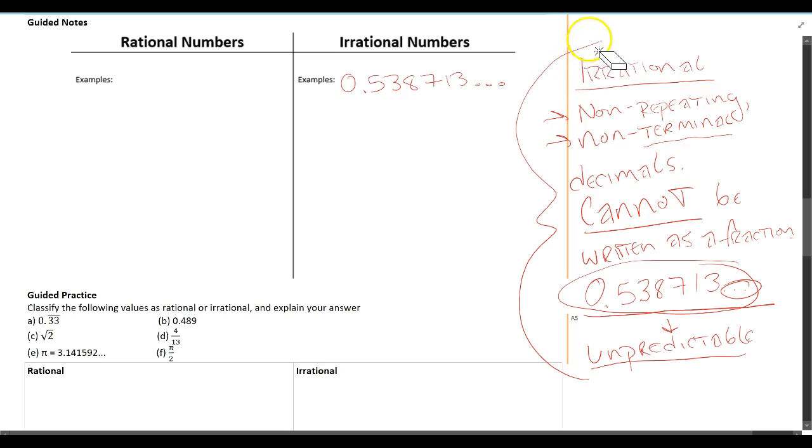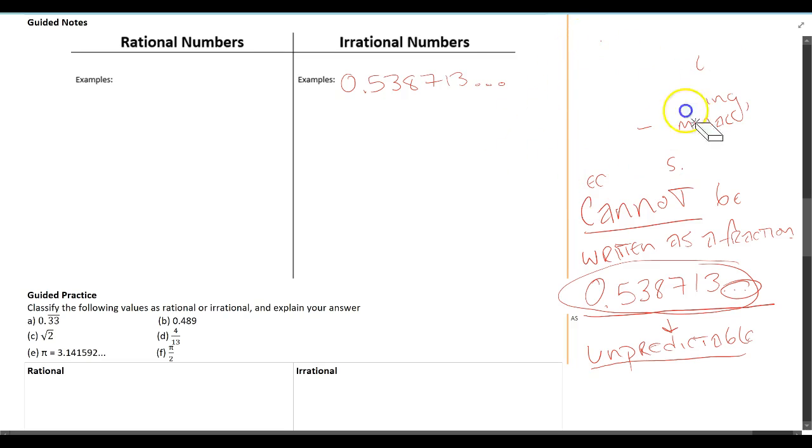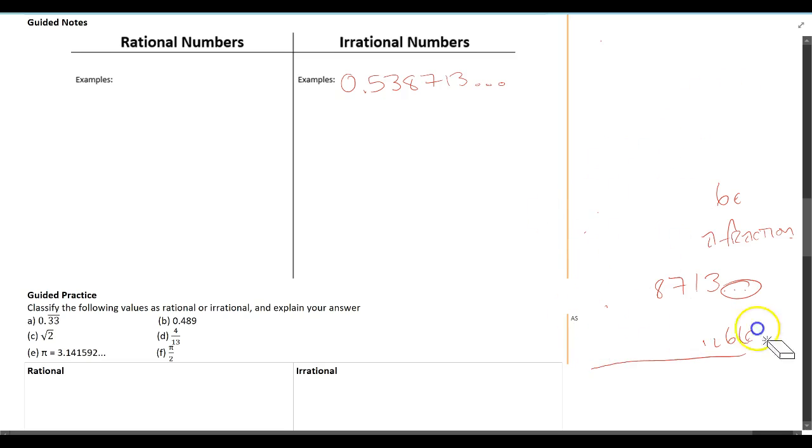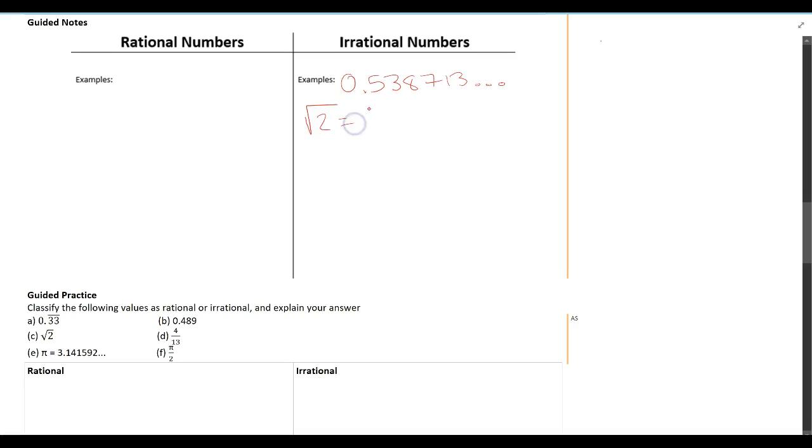So some other examples of common irrational numbers. As we saw in the read to learn, we have the square root of 2, which is 1.414, and so on and so forth.